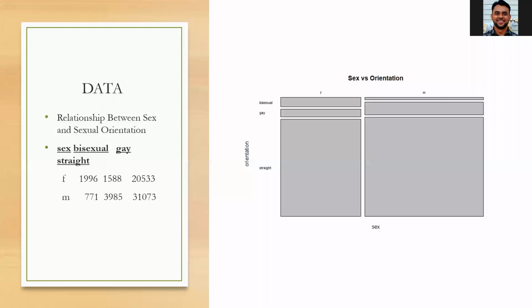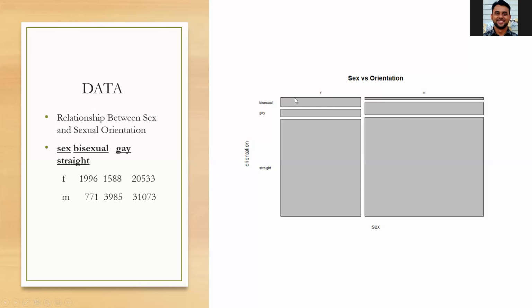So the second interesting fact that we found in the data set, as you can see, is the relationship between the sex, which is male and female, versus the sexual orientation. As you can see, on the left-hand side is the female column. So we have more straight people on both male and female. There are fewer gay people on the female side than on the male side.